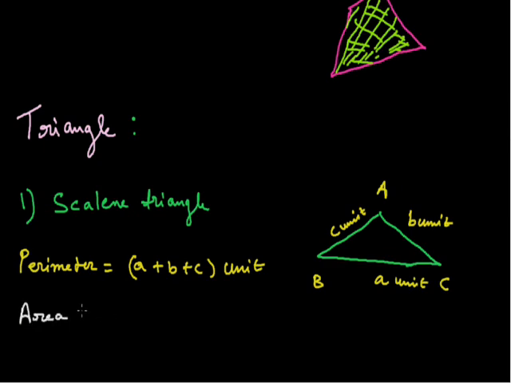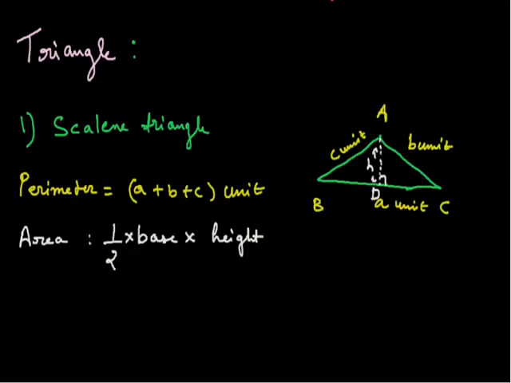And the area of the scalene triangle is given by half base into height. That is, if I draw a height, the altitude from A to BC, let me name it as D, and its height be small h from A to D, then we can write that area of the triangle is equal to half into a into h.